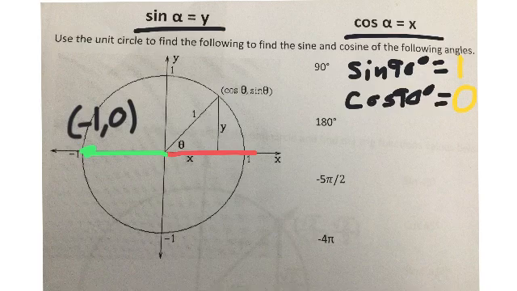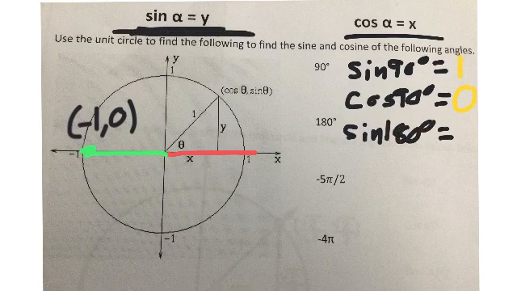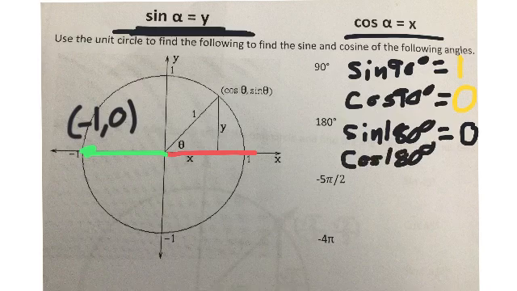So now if I'm identifying sine of 180, sine is just the y value. Since my y value is 0, sine of 180 degrees is 0. Now we're going to look for cosine of 180 degrees. We know cosine of an angle is just the x value. So right here, the x value is negative 1. So cosine of 180 degrees is negative 1.